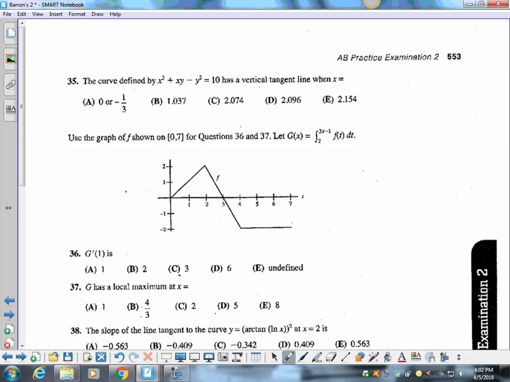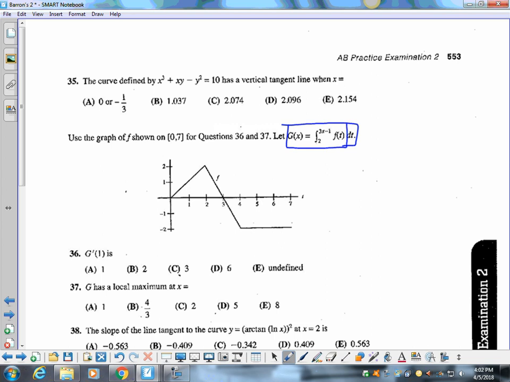So I have this function. And I want g prime of 1.